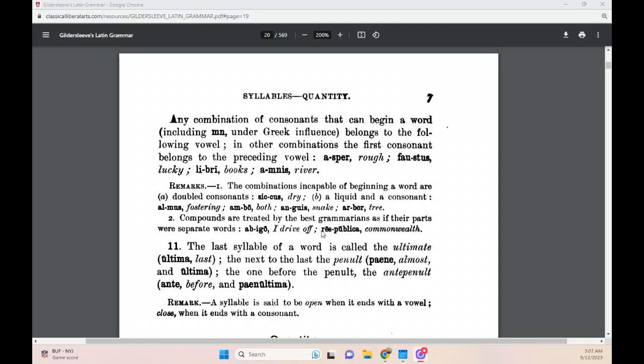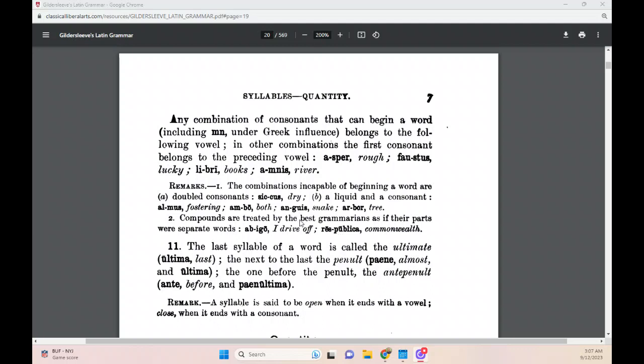Here we see another. We see the word respublica, respublica, which is where we get the English word republic from. Now we see the vowel e and the vowel u, and we see two consonants in between the vowels. These are two consonants that could begin a word, s and p.